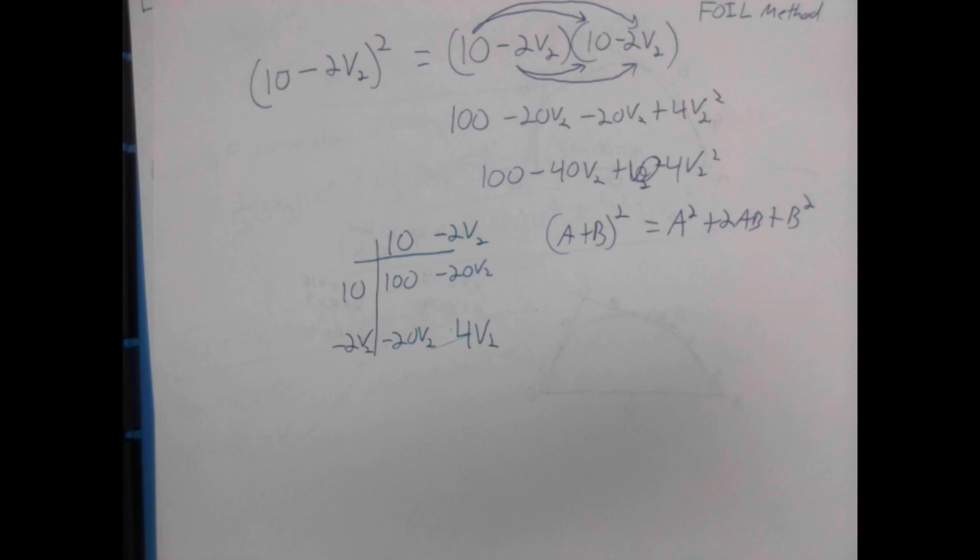Distribute the 2.5 into the equation. 2.5 times 100 is 250. 2.5 times negative 40 is negative 100. 2.5 times 4 is 10.